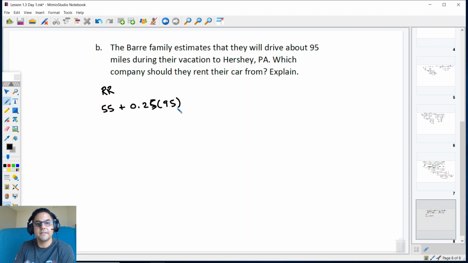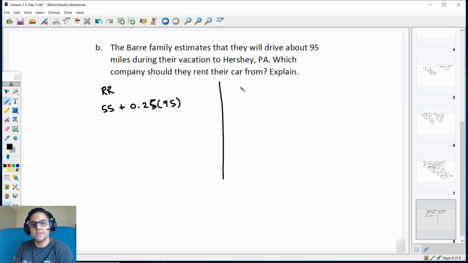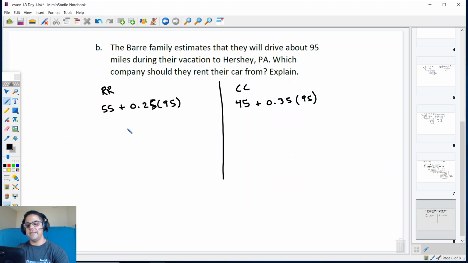Then the other one was Capital Cars, and that was the initial $45 plus 35 cents per mile, and it's about 95. Same thing on your calculator: you're just going to multiply by the decimal. So I'm going to type in 95 miles times 0.25.